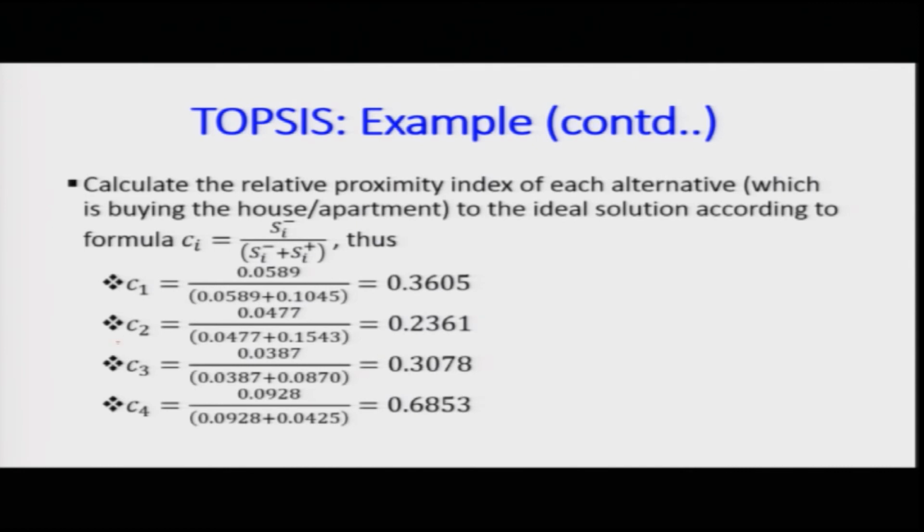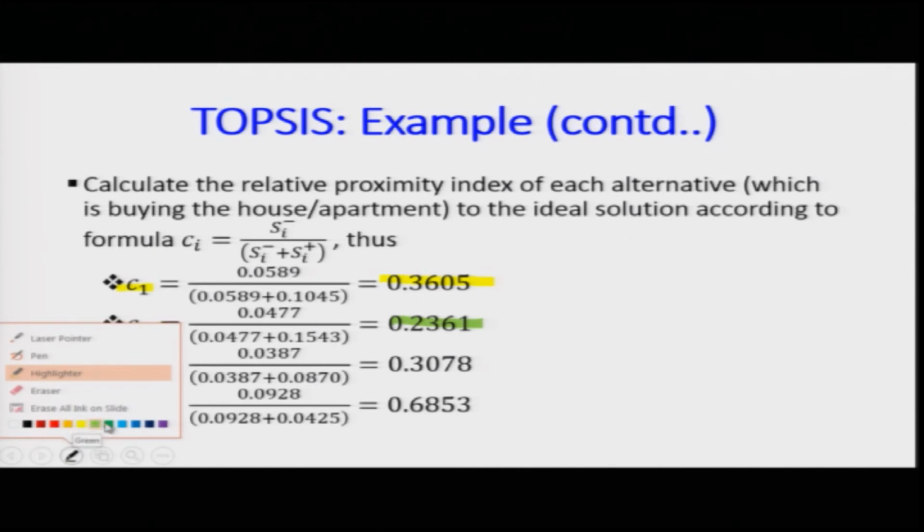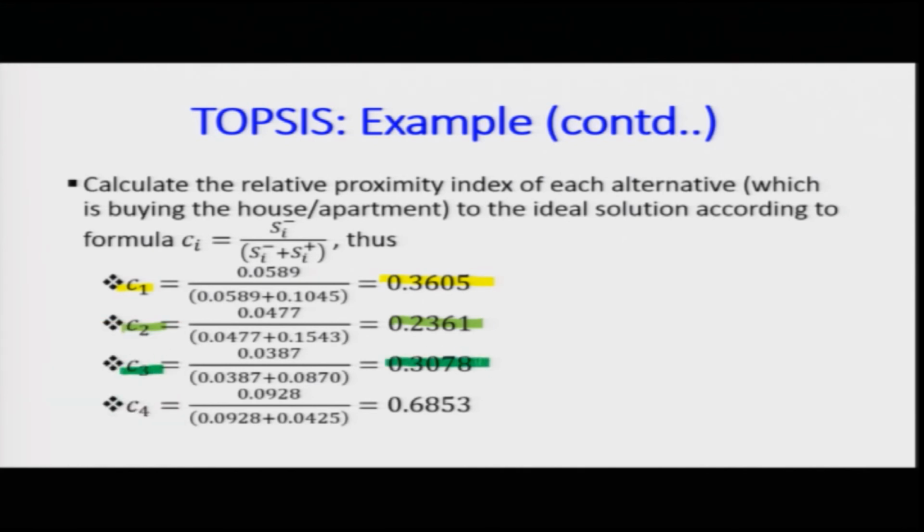Just pay attention here. C1 is 0.36, I am only reading the 2 decimals. C2 is 0.23, C3 is 0.30, C4 is 0.68.